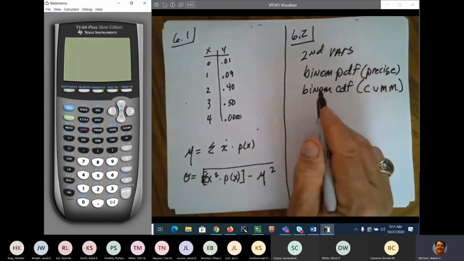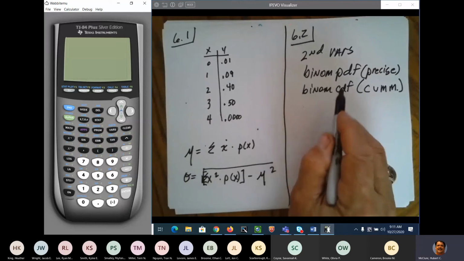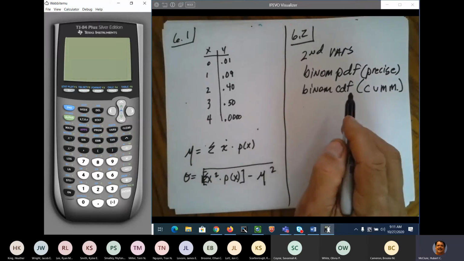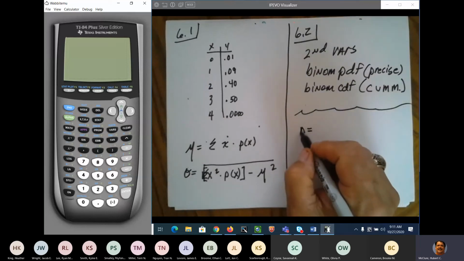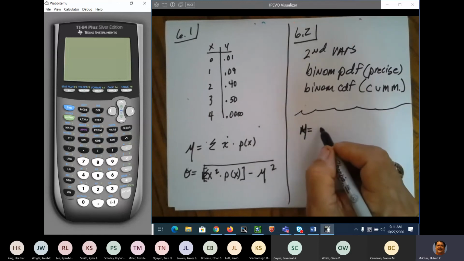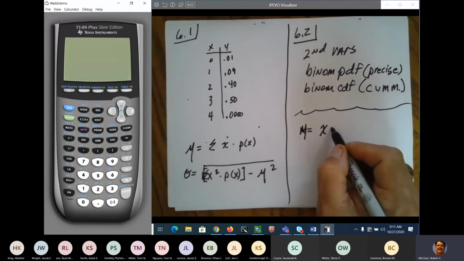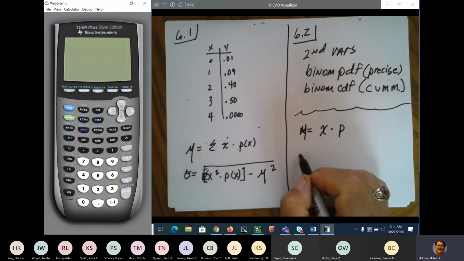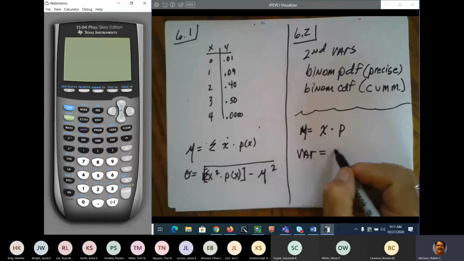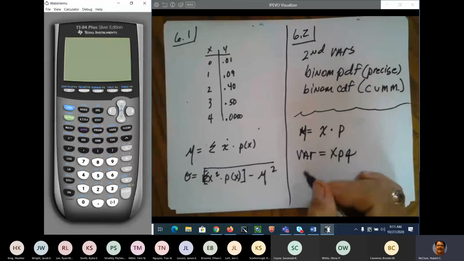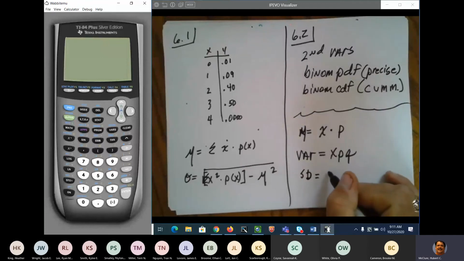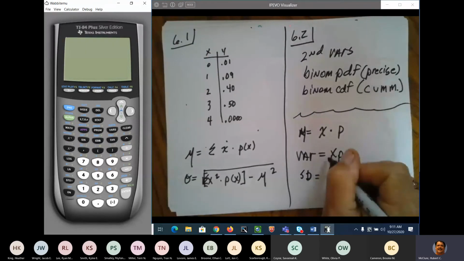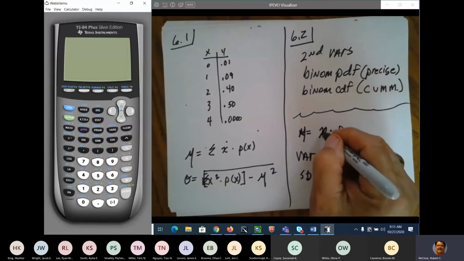And then if you are not in the section where you're doing the binomial PDF and CDF, you may be just using mu is equal to n times p, and then the variance is equal to npq, and of course the square root of the variance is the standard deviation, which would be the square root of npq.